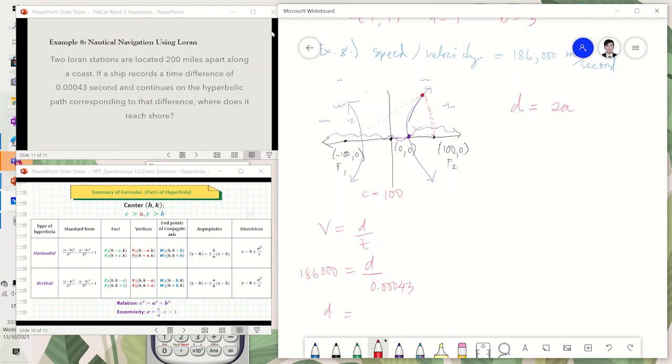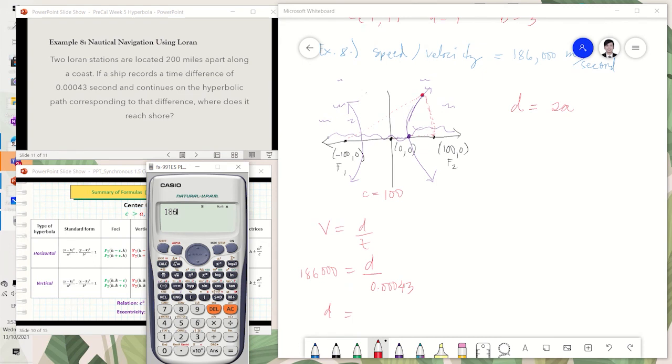You just have to cross multiply, so you will get 186,000 in our calculator times 0.00043. You will get 79.98, but it's okay to round off. Approximately that would be 80. Let's be exact instead so that we'll be sure with our values. So let's say 79.98.